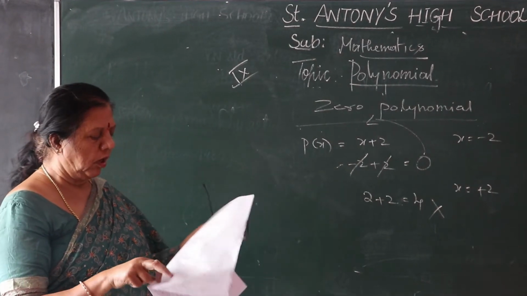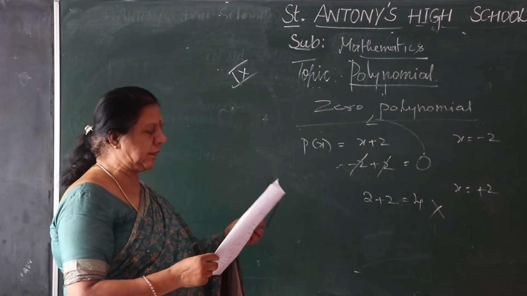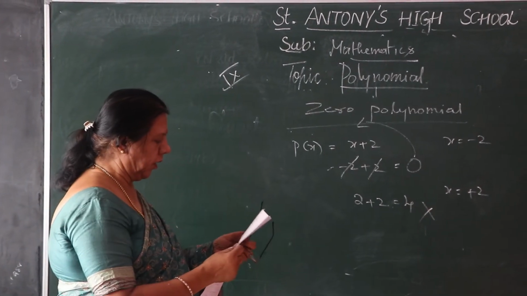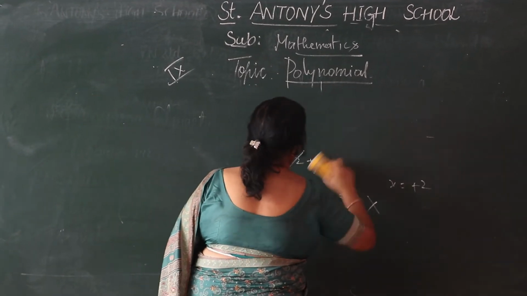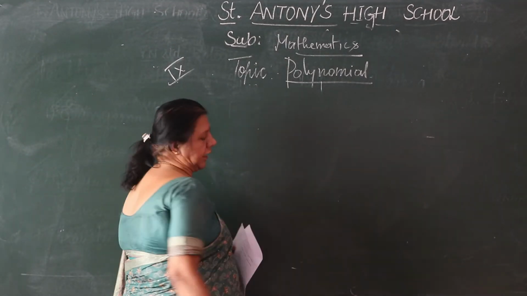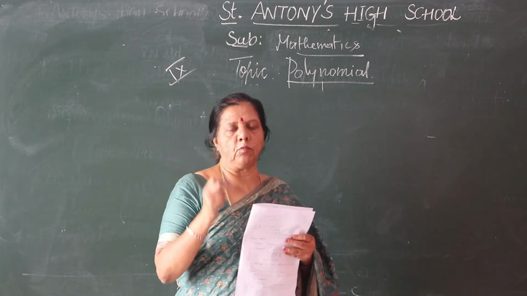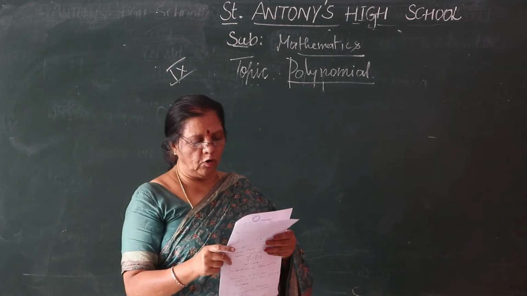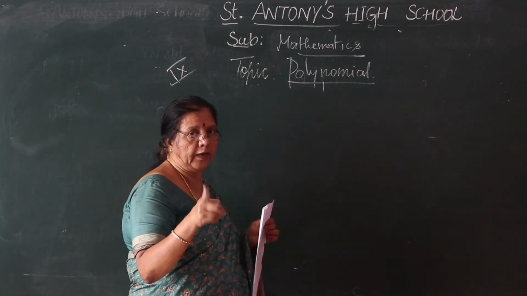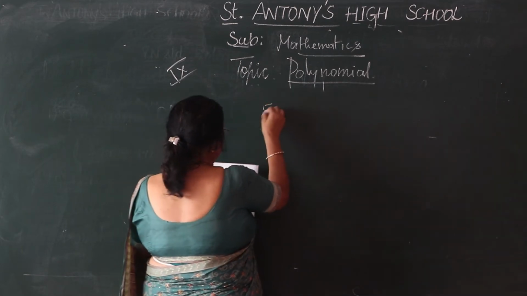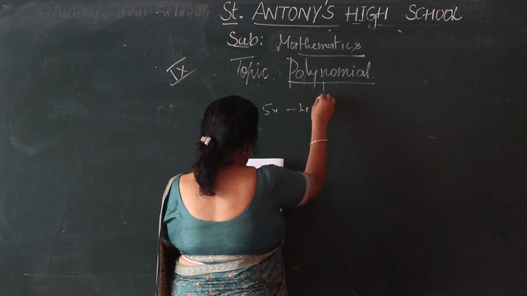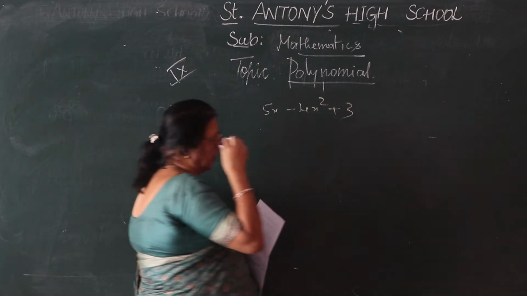Next we'll pass on to the next exercise, 4.2. Open exercise 4.2 in your textbook, children. One or two sums I am going to solve. Find the value of the polynomial 5x minus 4x square plus 3.